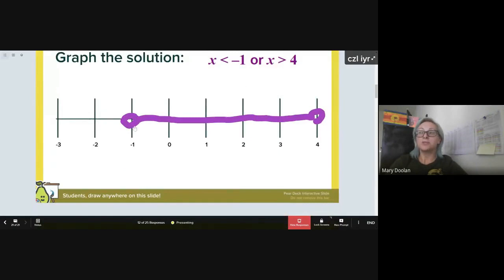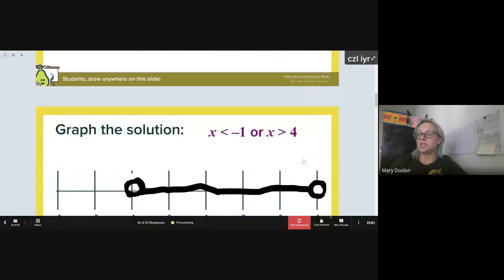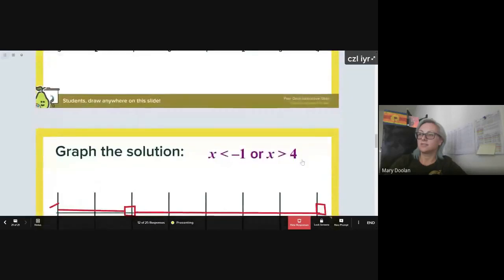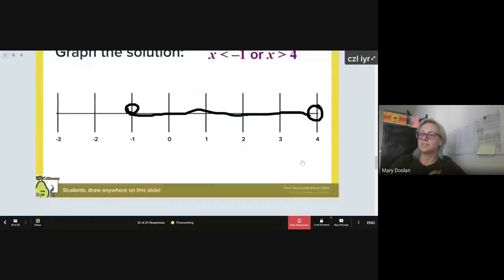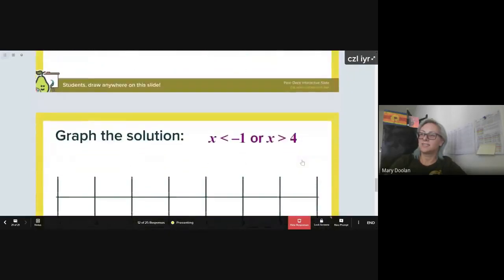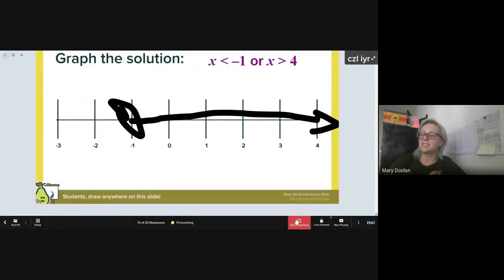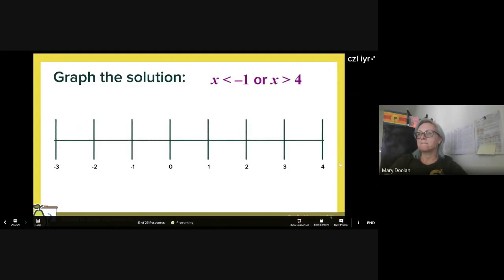But we have the circles where they need to be. We just need to be shading in the opposite way. Let me see if I can screenshot this and show you.